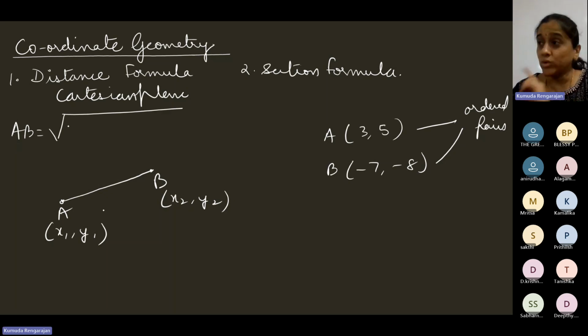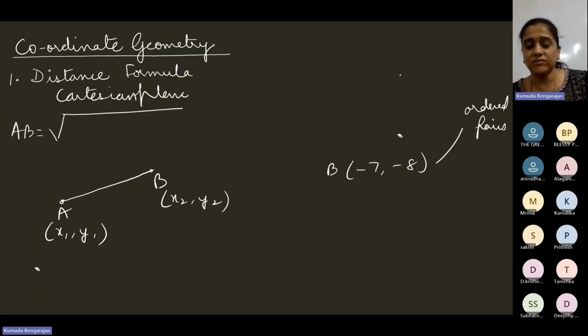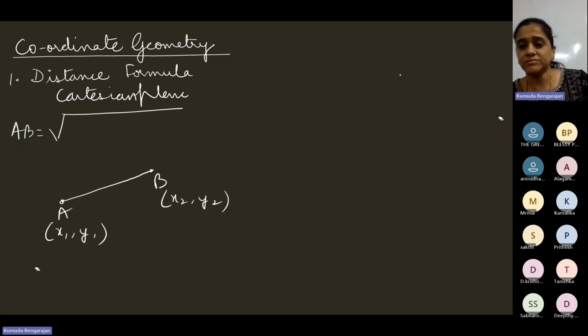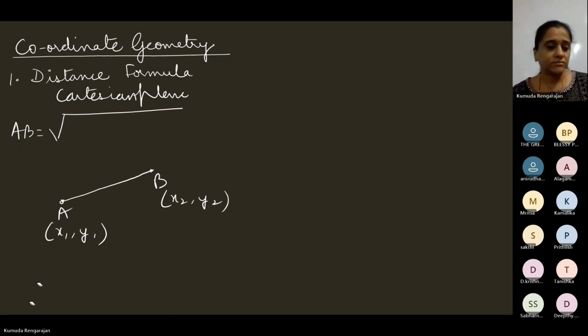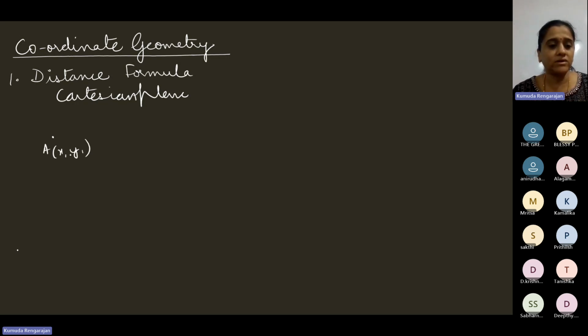okay, so I'm going to write it in words, children. Let me take away this section formula from the slide. That's the next thing we'll be studying. So we have 2 points A and B. A x1, y1, and B x2, y2.